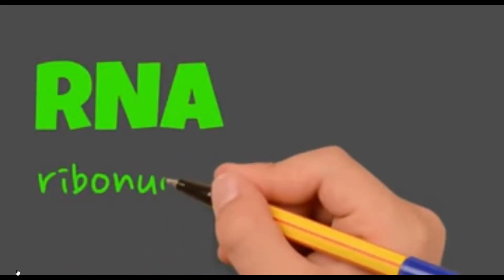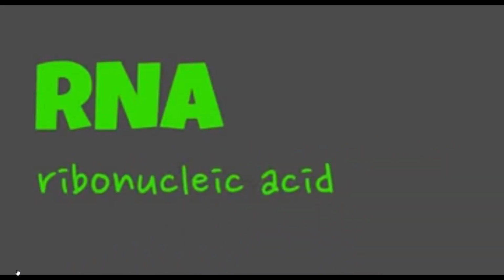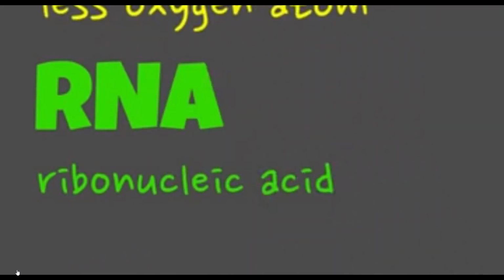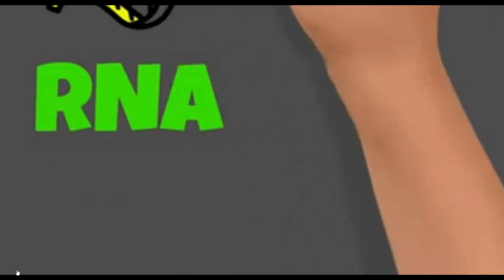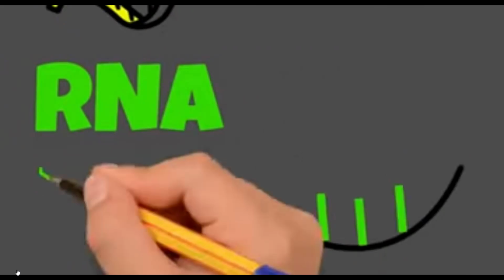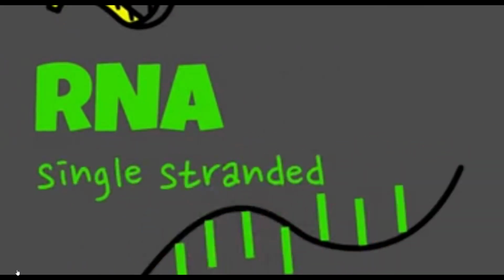Why is RNA less stable than DNA? Because it has a hydroxyl group on carbon number 2 of the ribose sugar.